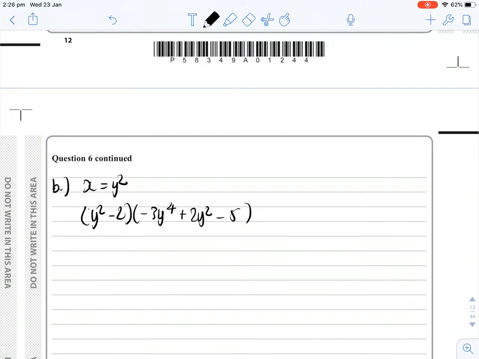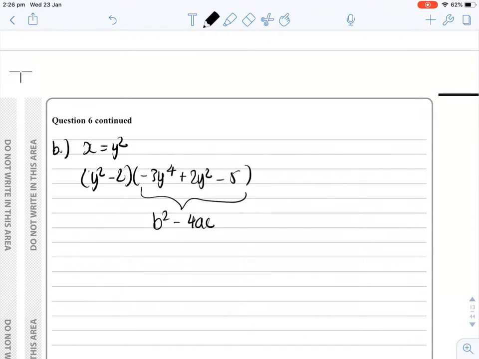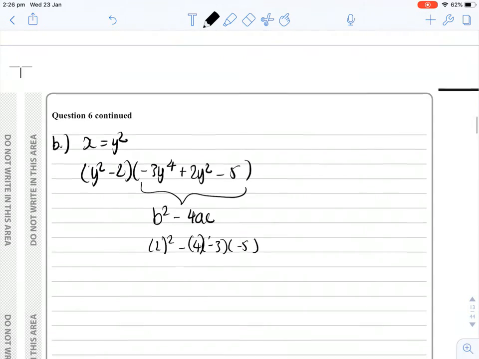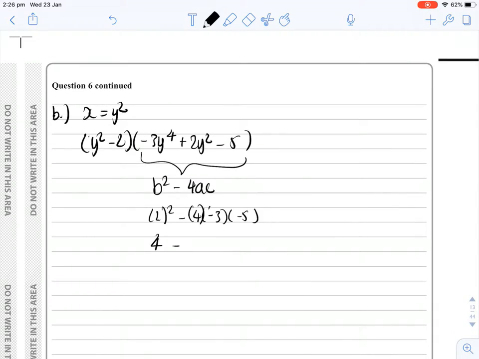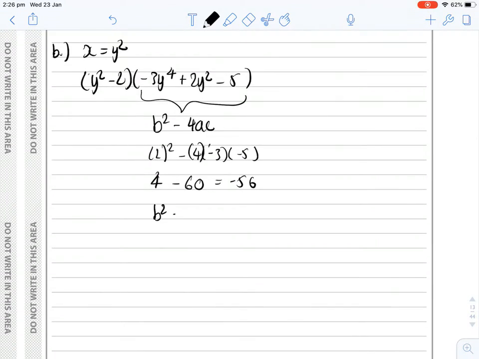So looking at the second part, if we use our discriminant b squared minus 4ac, we can see that we're going to have 2 squared minus 4 lots of minus 3 lots of minus 5. And so this is going to give us a value of 4 take away 60, and so that's going to be minus 56. b squared minus 4ac is less than 0, therefore there are no solutions.